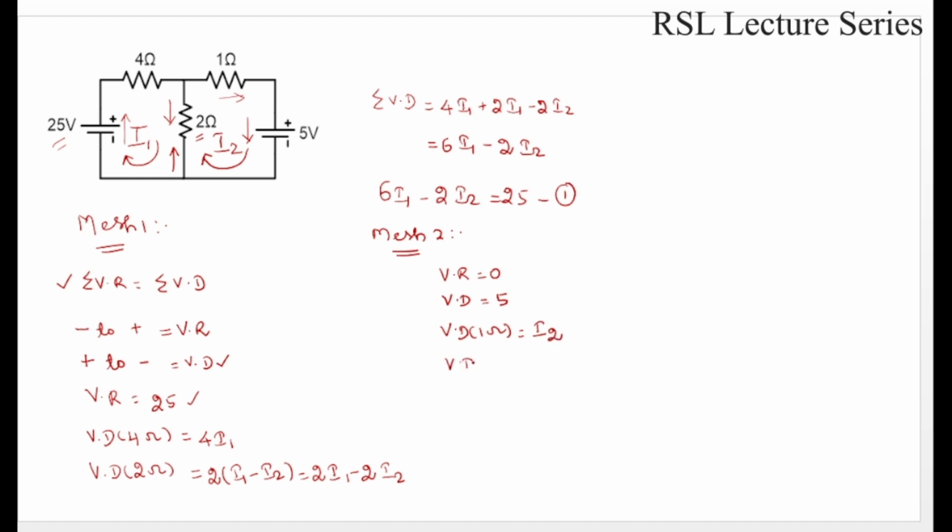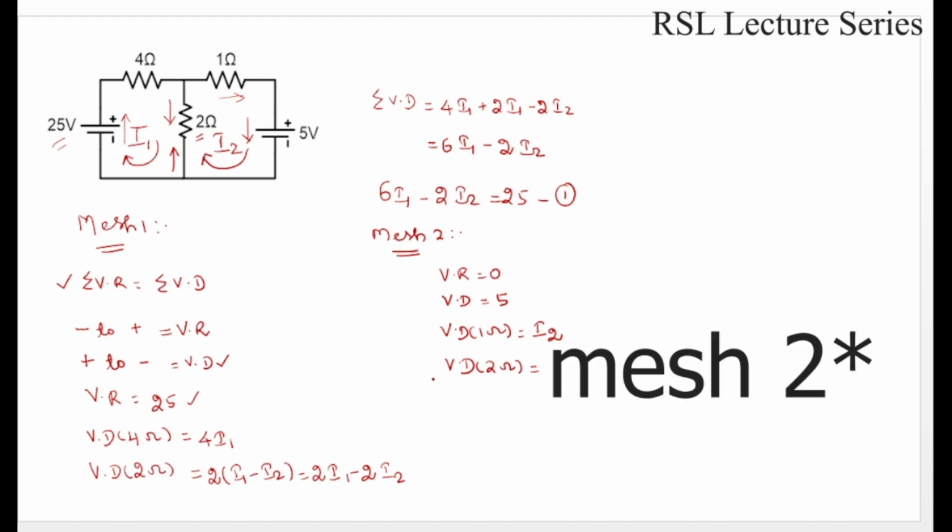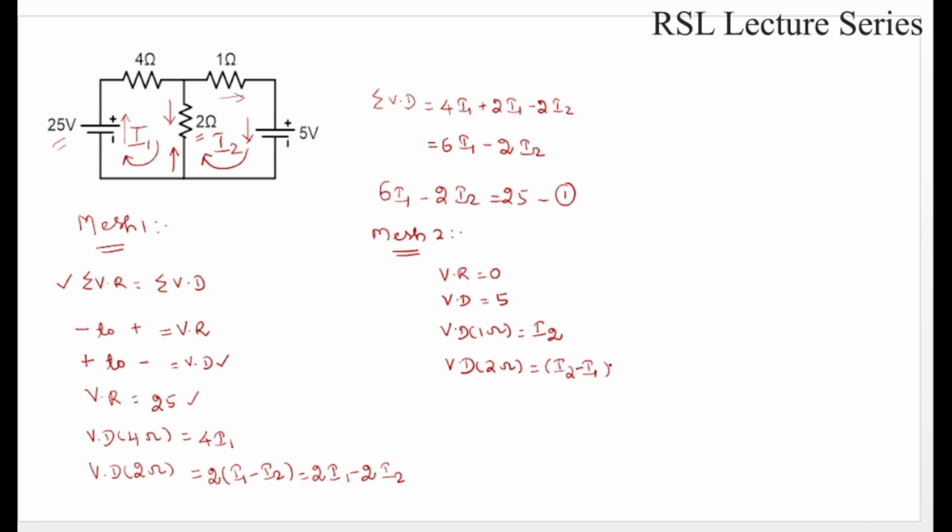Next we write the voltage drop across the 2 ohm resistor. The current flowing through the 2 ohms is I2 minus I1. While writing for mesh 2, we consider the current as I2 minus I1 multiplied by 2. Multiplying 2 inside, we get 2I2 minus 2I1. Now we add all the voltage drops: 5 plus I2 plus 2I2 minus 2I1, which equals minus 2I1 plus 3I2 plus 5.